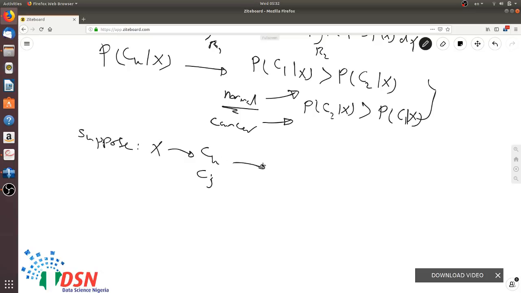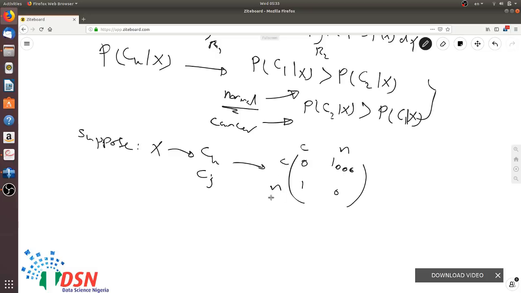We could form a loss matrix for our example, which is a 2D example, as follows. It is just an example, with rows for cancer and normal, and columns for cancer and normal.